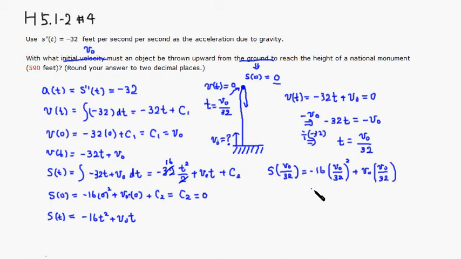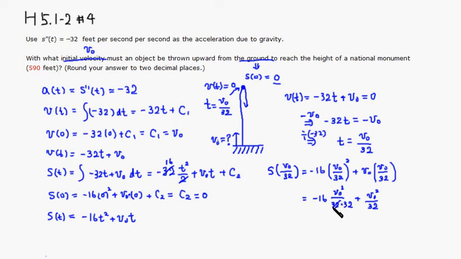Distributing the square, negative 16 v0 squared over 32 times 32, plus v0 squared over 32.